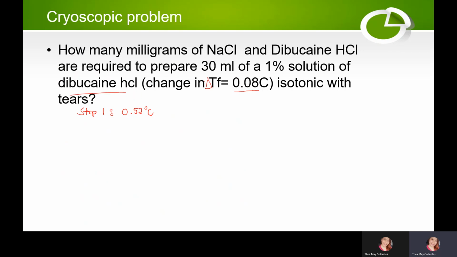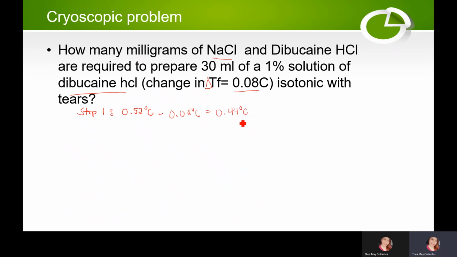Kulang. Kulang pa katama ang akon solute in order for me to reach 0.52. So, anong i-add ko? Of course, NaCl because this is always your standard. So, anong himuon ko? Of course, i-minus mo na anay sa 0.08 degrees Celsius, that would be equal to 0.44 degrees Celsius.